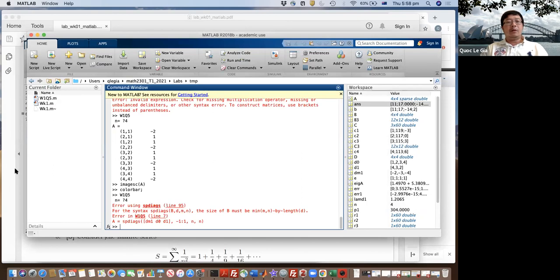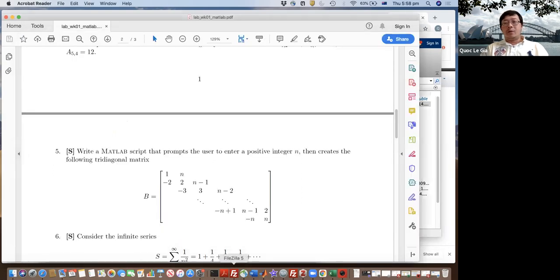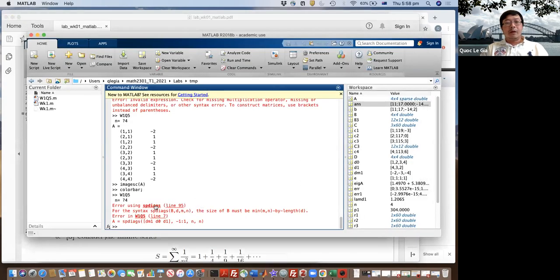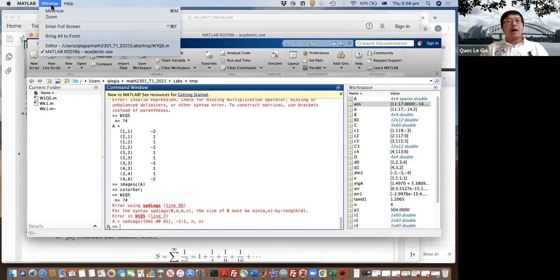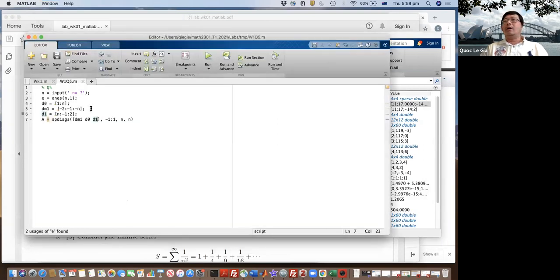So we have something wrong. We have to check the size of the matrix. The diagonal is correct from 1 to n, the lower diagonal should be -2 and stop at -n, and D1 is n-1, stopping at 2.